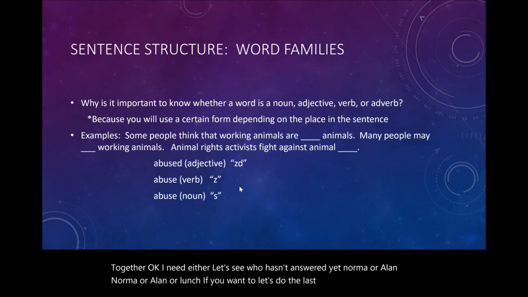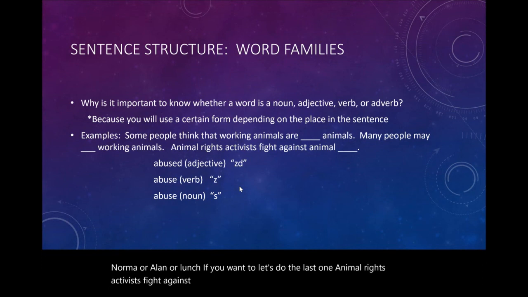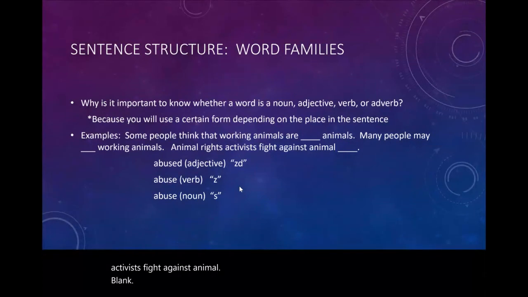Animal rights activists fight against animal blank. Is abuse a noun? Yes, because it's the last option, because it's at the end of the sentence.